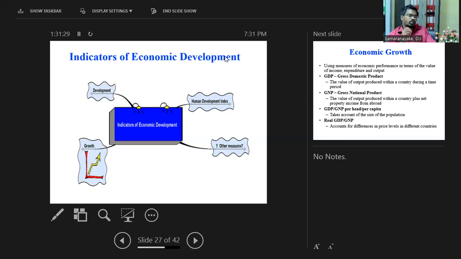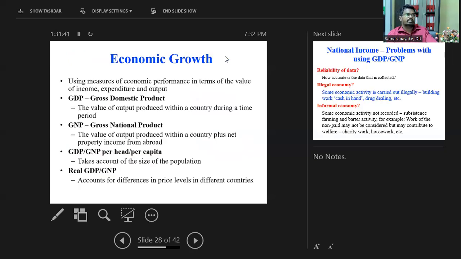So let's start with growth, since we know growth well. When it comes to growth, as we know, we focus on basic production, improvement of our productivity. We may think of GDP, GNP, GDP per capita. Even we know the real and nominal differences and all.